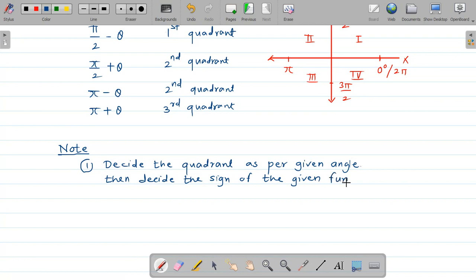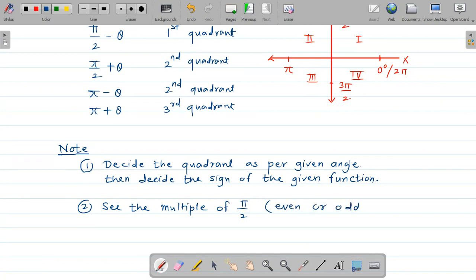So first you have to decide the quadrant as per the given angle, and then decide the sign of the given function. Then see the multiple of pi by 2, either even or odd.